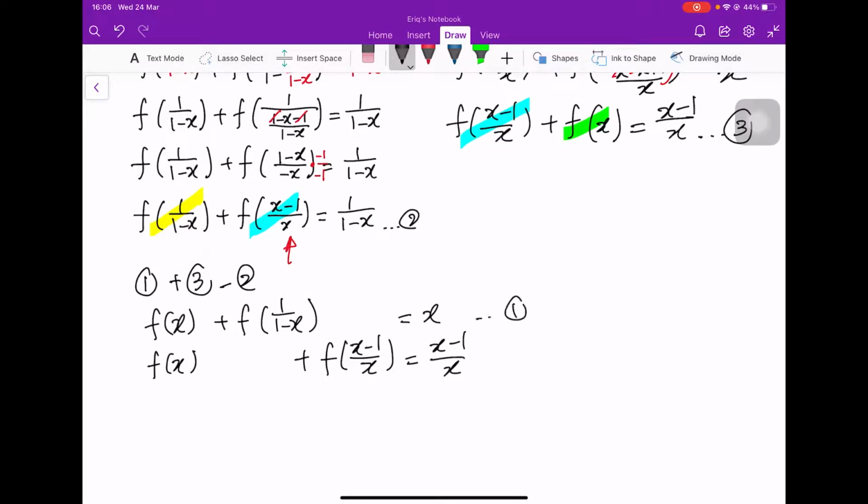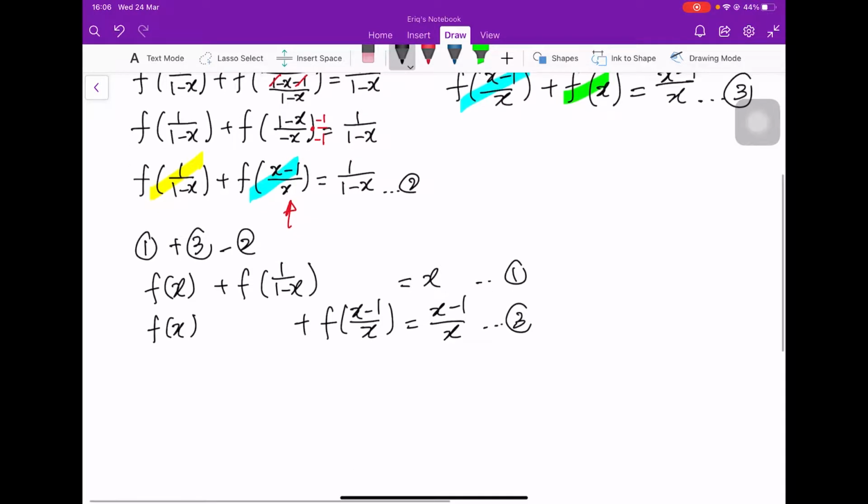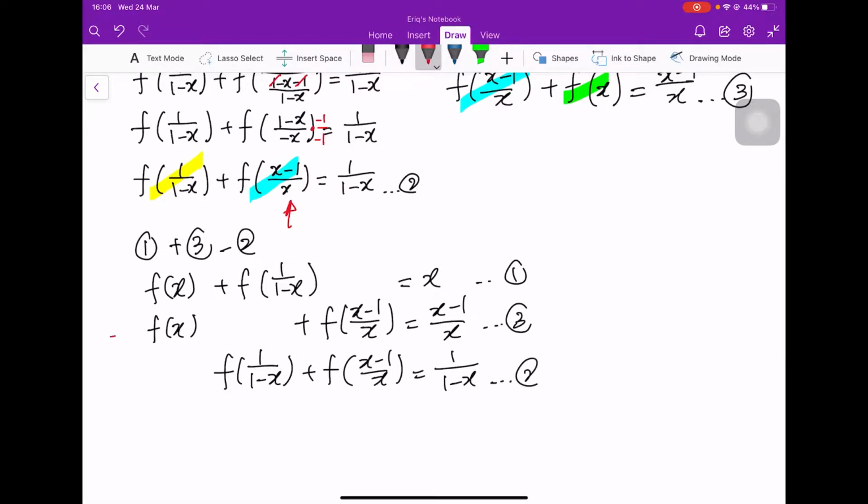This is our equation 1, this is equation 3. And one more, the second one: f of 1 over 1 minus x plus f of x minus 1 over x is equal to 1 over 1 minus x. This is equation 2. So as I said, you add equation 1 with equation 3, then minus equation 2.